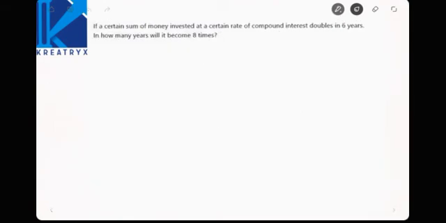Similar type of question. If a certain sum of money invested at a certain rate of compound interest doubles in 6 years, in how many years will it become 8 times? Similar formula, initial time period into log B by log A, right?